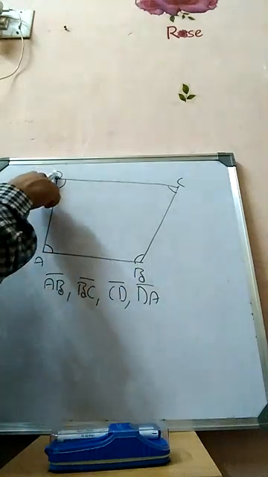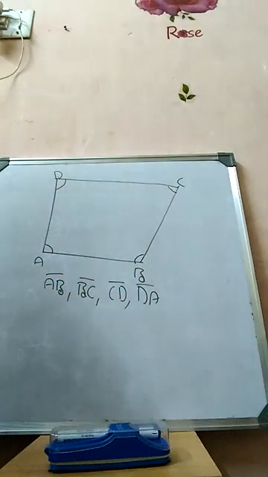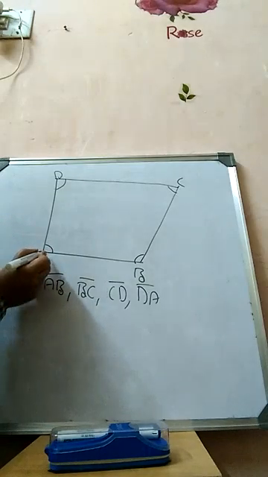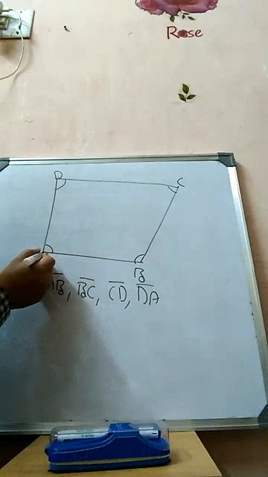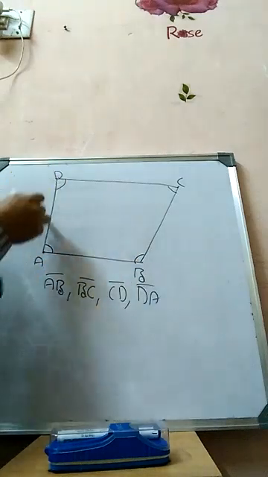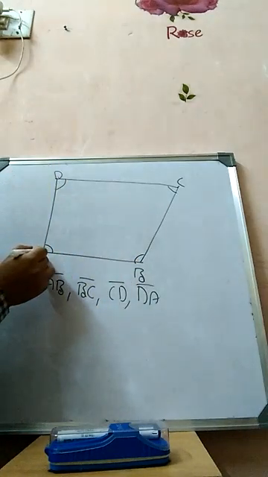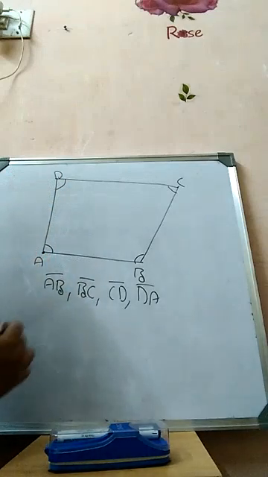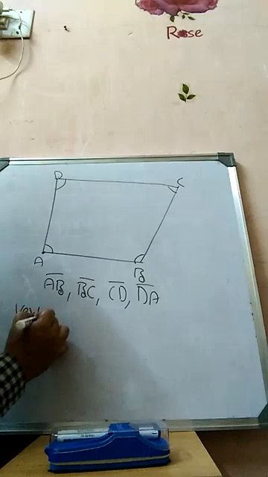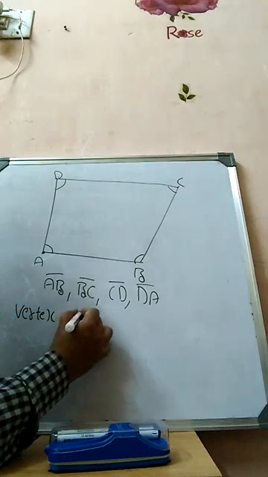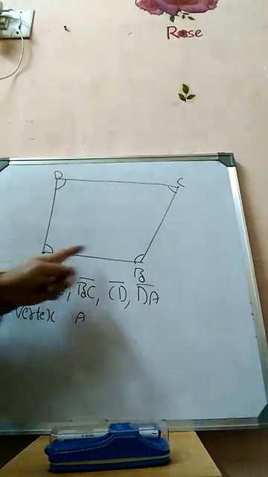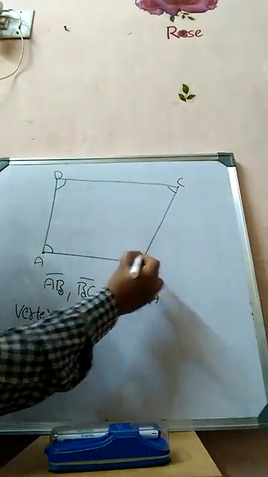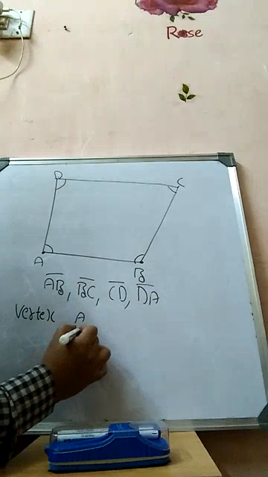AB and DA are meeting at one point. Look here, AB side and DA side are both meeting at one point. So this point is called a vertex. AB and BC both meet at one point, that means at B. So it is one more vertex.